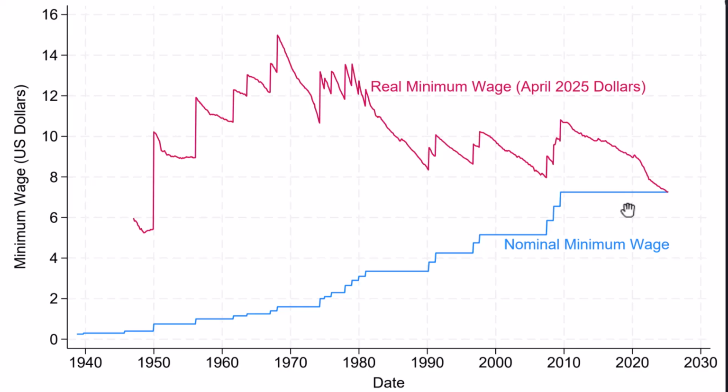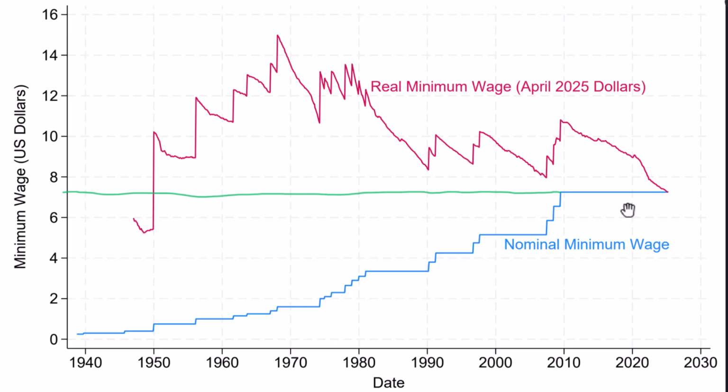If we use this to look at our current minimum wage, what this tells us is that the minimum wage at present of $7.25 is actually one of the lowest real minimum wages we have had in US history. We can see that by drawing a horizontal line at $7.25 across the graph, and you can see that the only time in history that the minimum wage was lower than this in real terms was the 1940s.